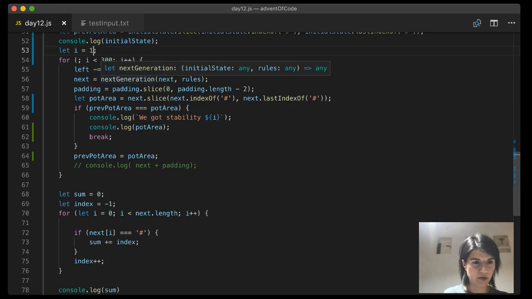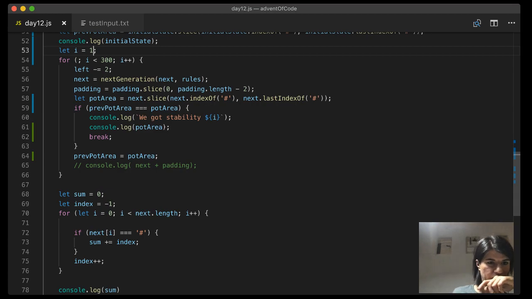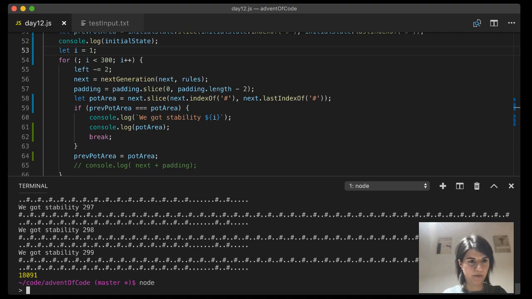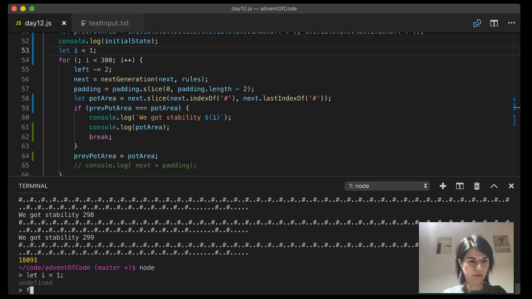So here we have a next generation. Is that right? So I'm wondering if I have let I is equal to 1, and then I do for I is less than 3, I plus plus, if I is equal to 1, then I'm breaking.